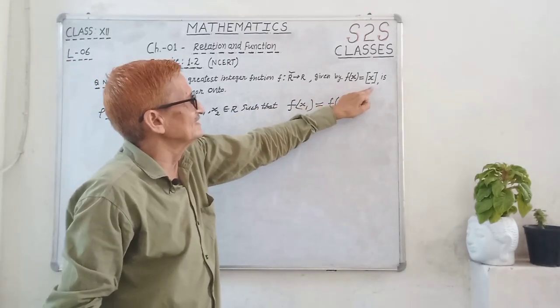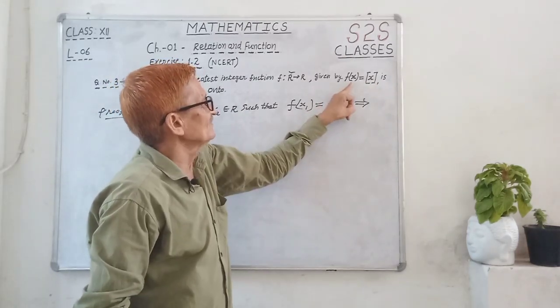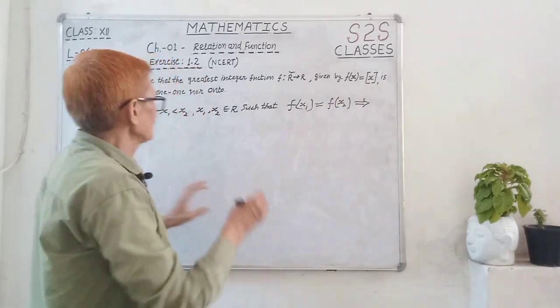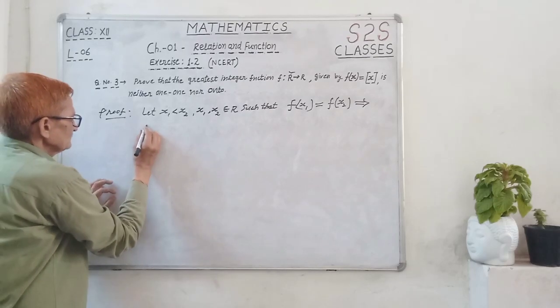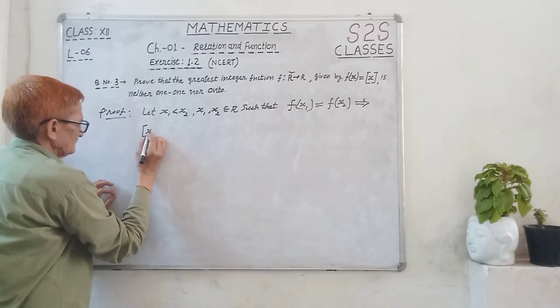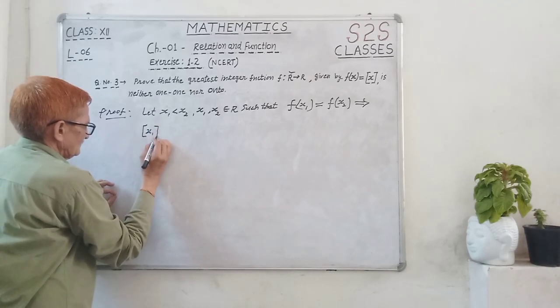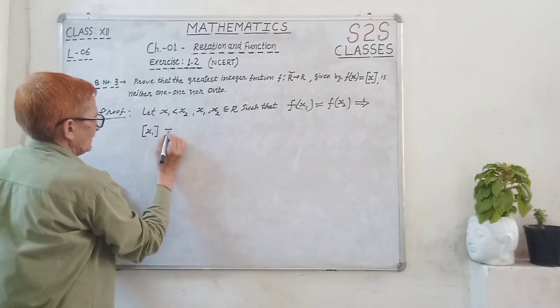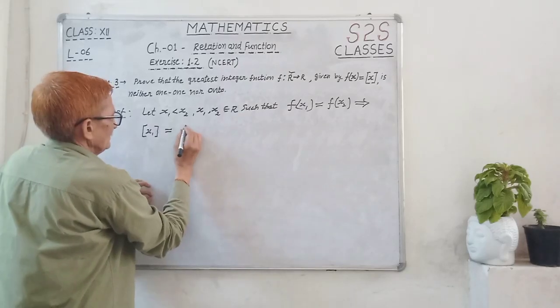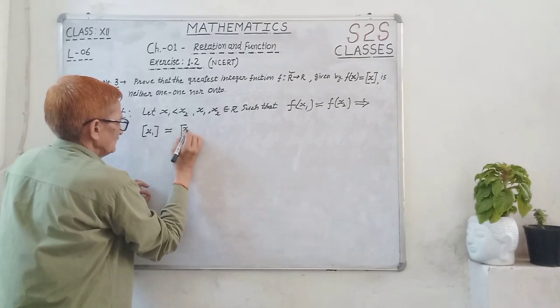The given function is the greatest integer function. So f(x1) will be the greatest integer of x1, equal to f(x2), the greatest integer of x2.